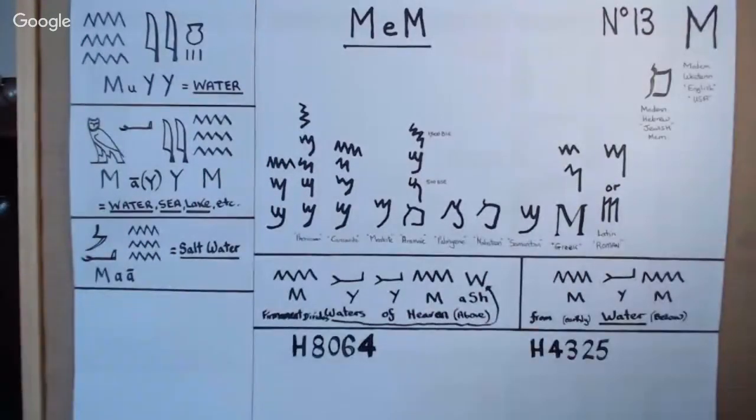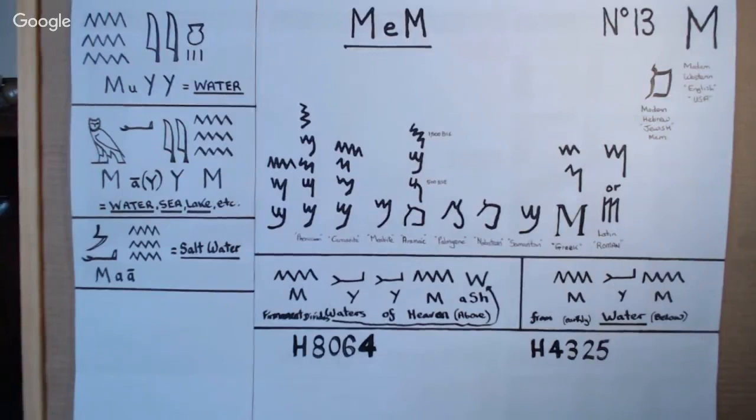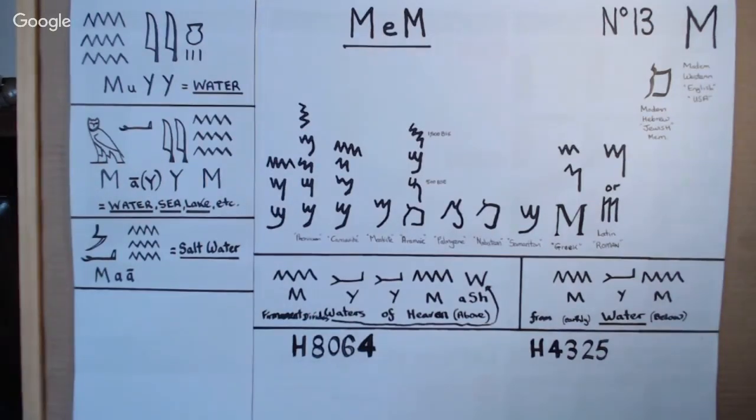So yes, this video is about the next letter in the Hebrew Ivri alphabet. It's actually the 13th in the series. There's 22 all in all.